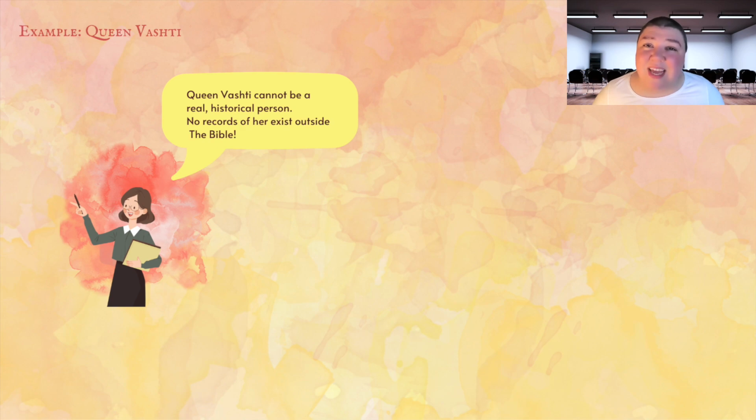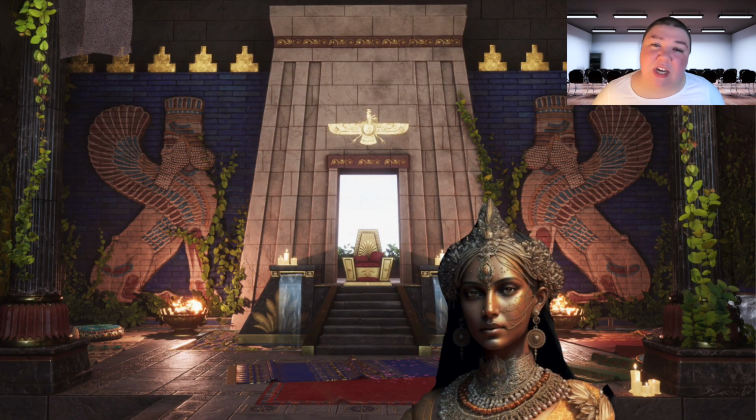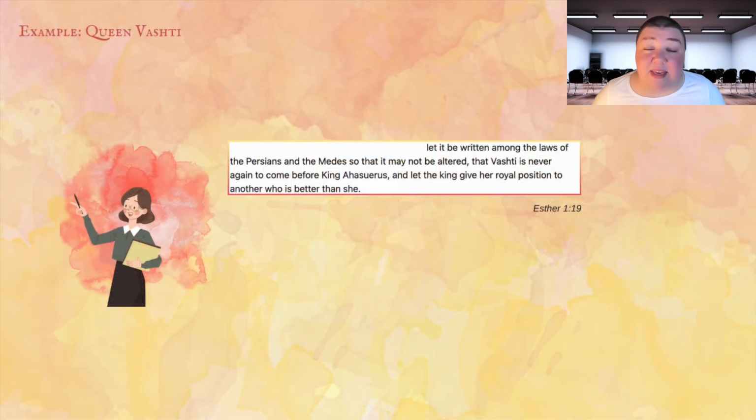but if we take a moment to actually understand the story within Esther, what happened to Queen Vashti? Well, she was banished, wasn't she? The king felt humiliated by her refusal to be shown off like an object to a bunch of drunk officials, and he banished her, striking her name from all records and history, making it as though she had never existed.